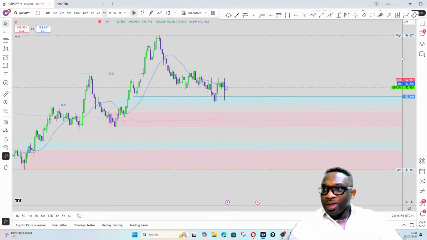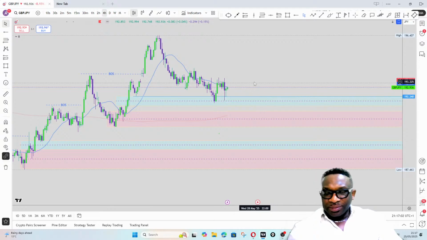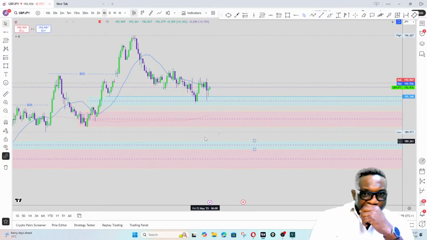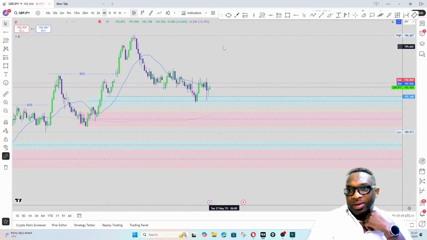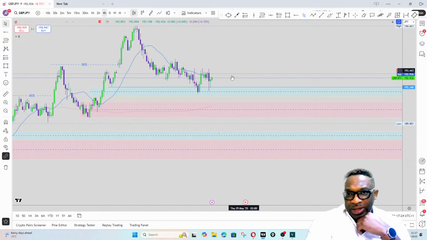The market will be opening maybe in the next 40 or 45 minutes, or maybe later tonight. As we can see, we have a high chance of price pushing up to this previous high. We can also identify a break of structure here.